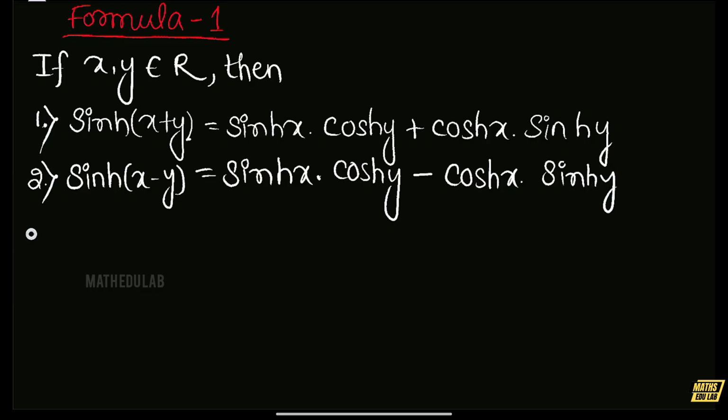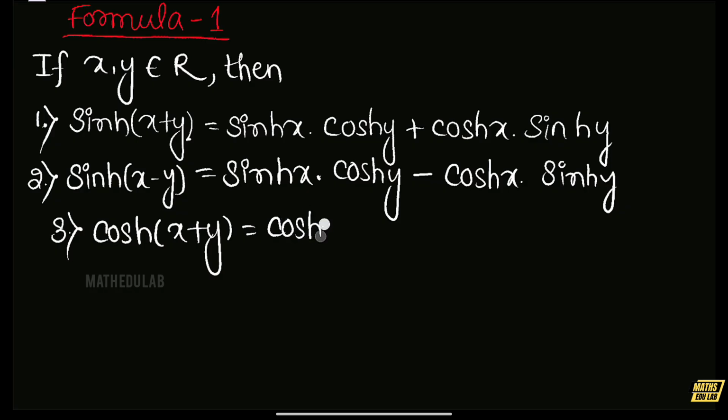And then the third one is cos hyperbolic of x plus y, which is equal to cos hyperbolic x into cos hyperbolic y plus sine hyperbolic x into sine hyperbolic y.